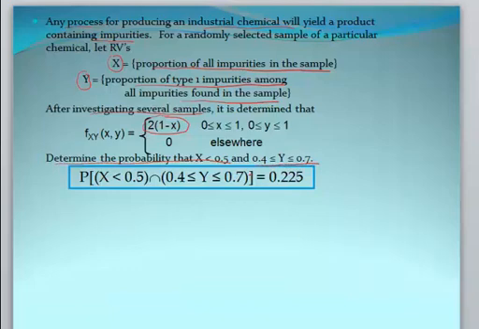So this is actually pretty simple. All we're going to do is integrate, well, x is less than 0.5, but we know that it ranges from 0 to 1. So we're going to say it goes from 0 to 0.5, and that's our function right here, 2(1 - x) dx.